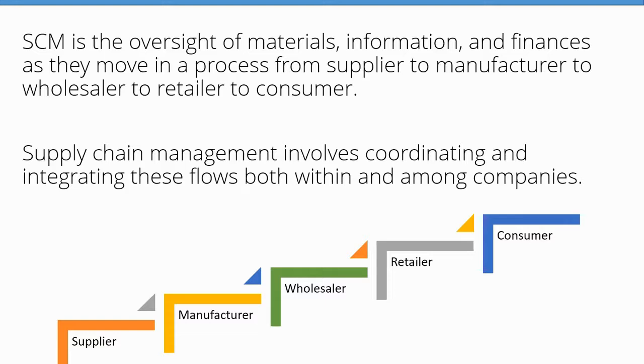You'll have to coordinate those, be it production, be it people, be it processes. Your internal supply chain will be just as important as your external supply chain. So we'll look at our suppliers, the manufacturers, wholesalers, retailers, consumers. And so that overall oversight is what we're trying to maximize, which makes up our supply chain.